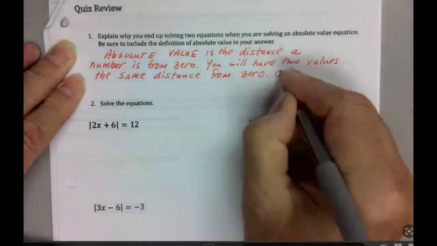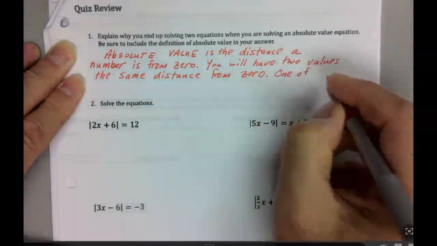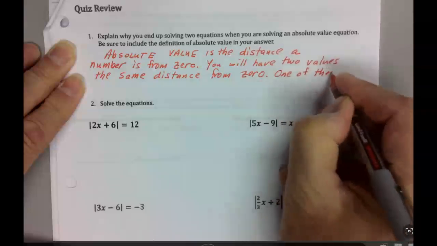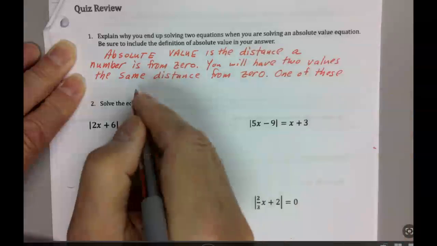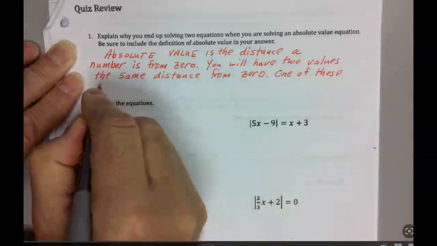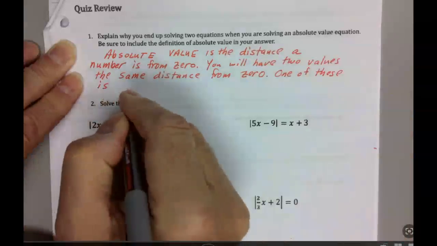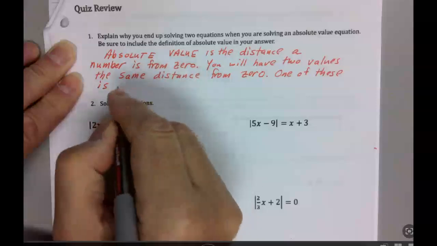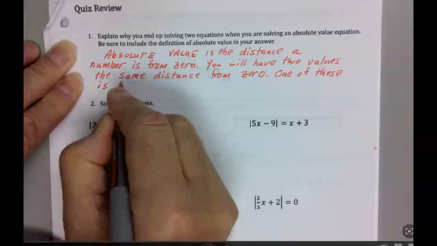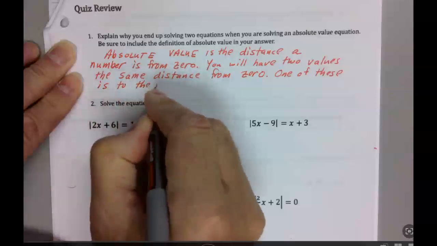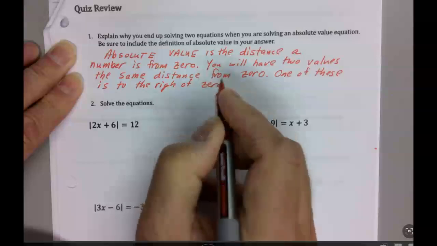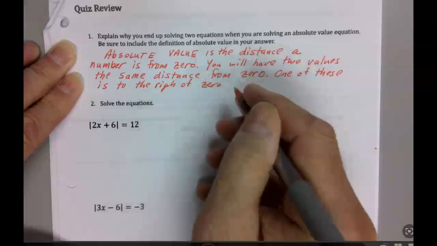One of these values is to the right of 0, which is positive.